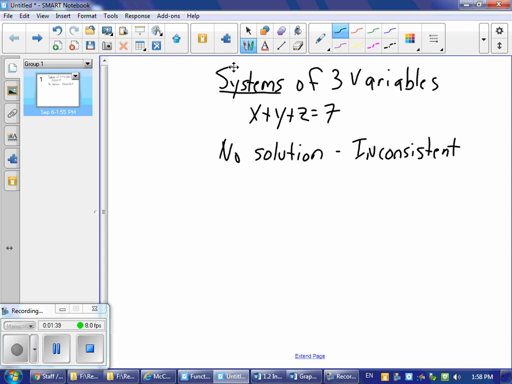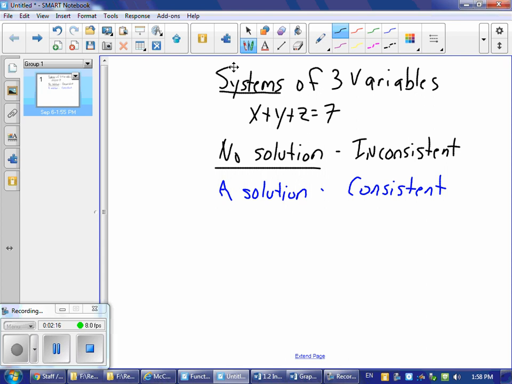You might want to think of the prefix in as being not or no. So something with no solution is inconsistent. Something which has any solution or a solution is considered consistent. So all it has to do is have a solution to be consistent.